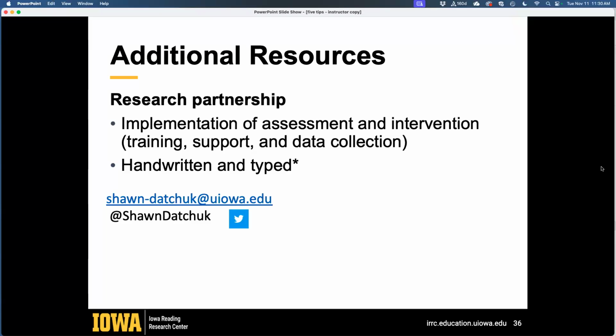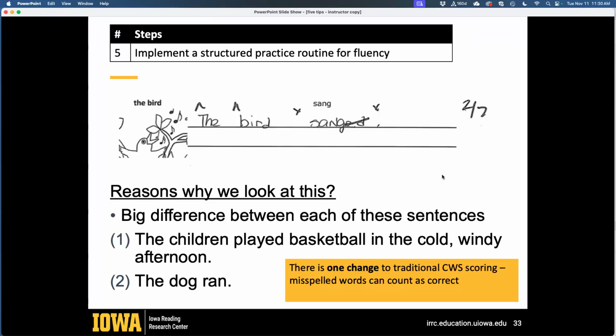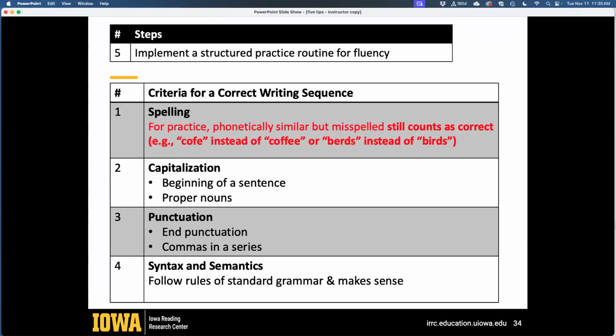Hey, Sean, a question I had is, as you were talking about the fluency scoring and scoring the correct word sequences, it made me think it's very similar to PALS, the peer-assisted learning strategies for reading. It made me think whether it would be feasible to teach kids how to score each other's writing sequences and do a peer learning strategy for that fluency part.